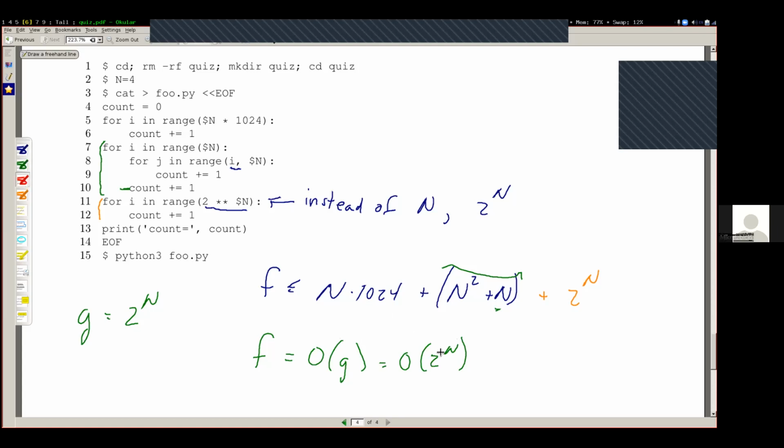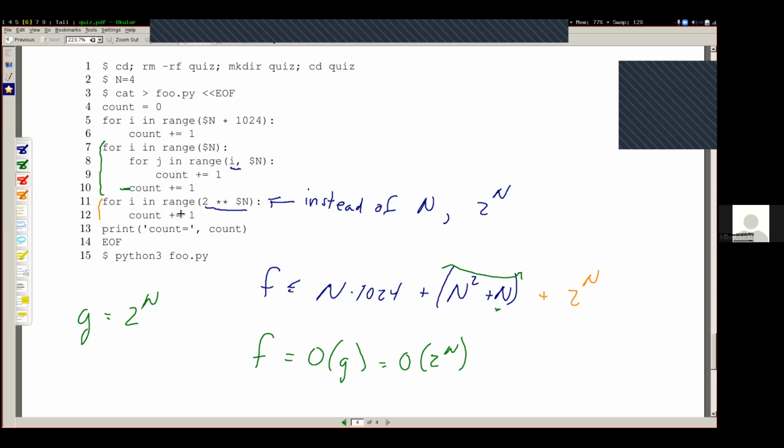The important thing here is that this 2 to the n is much, much larger than the n squared from the previous problem. And so even though this seems like a really innocuous change, a small change, very few actual characters added here, just a 2 and 2 stars, most of the code is up here. We'll see that this is really going to dominate the runtime and make our count variable increase really, really fast.